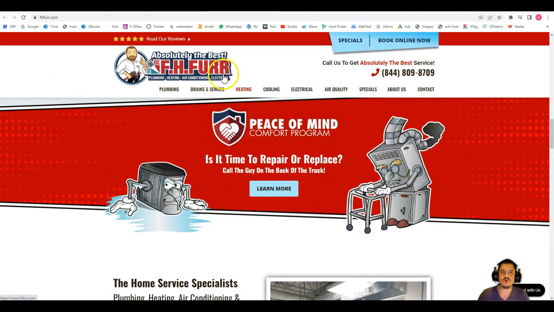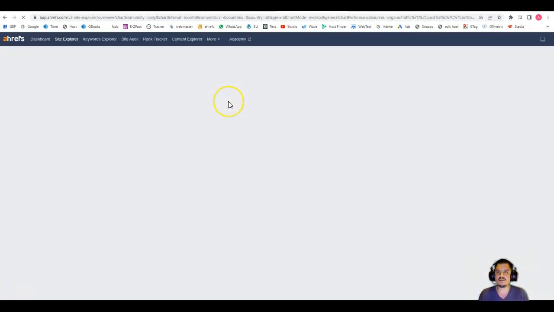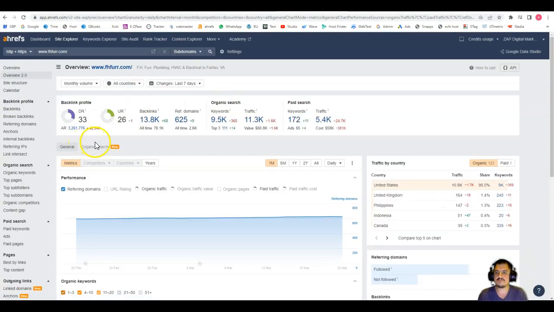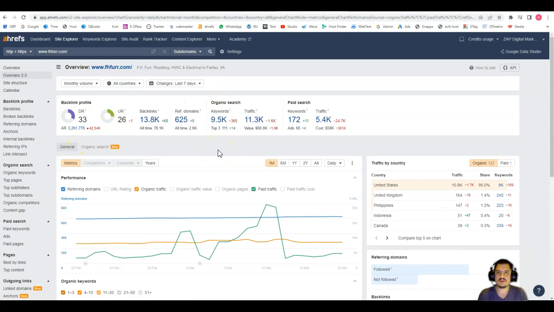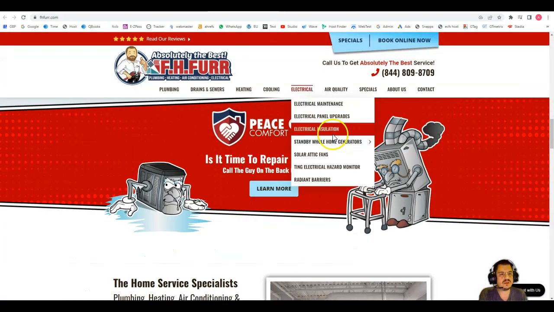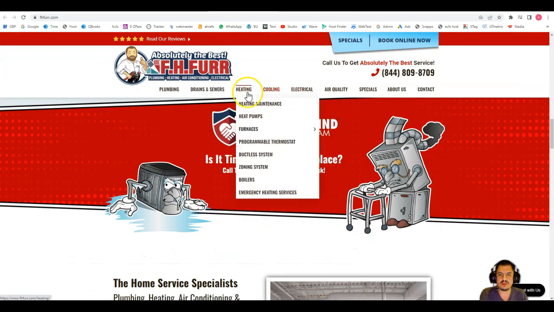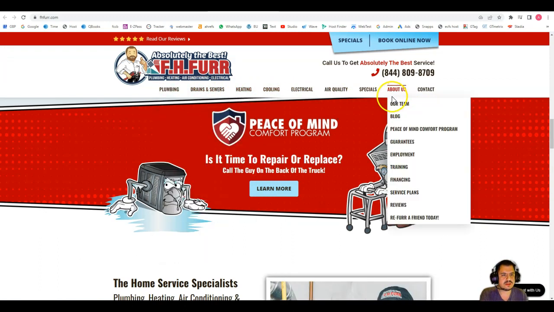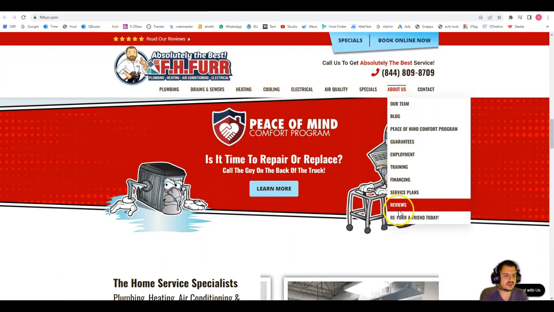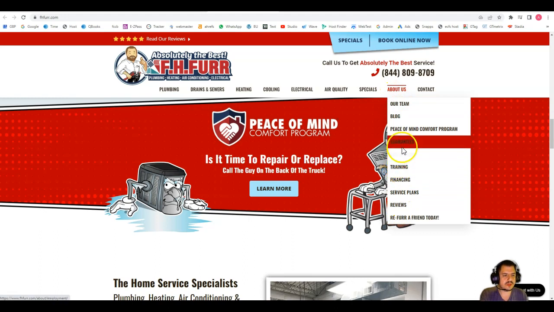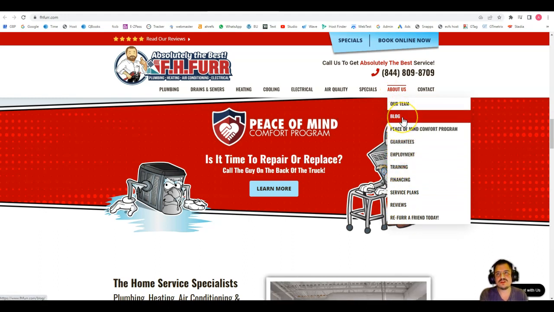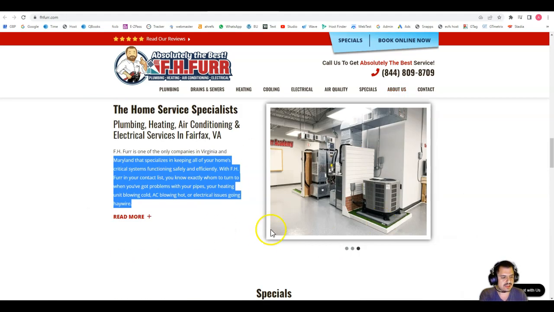So let's open up their website and see their back end here. They have to have something else, because this homepage needs to have more. There you go. They have training, employment, a blog. That's how they're ranking number 1 or number 3. All this content is helping them to rank, and that's why you don't see a lot of content here.